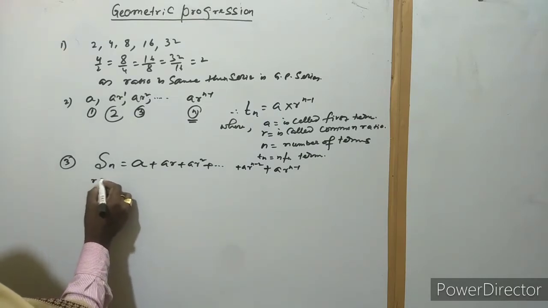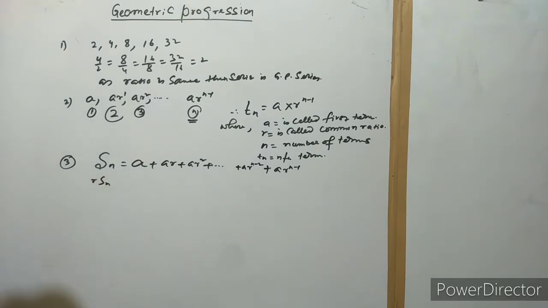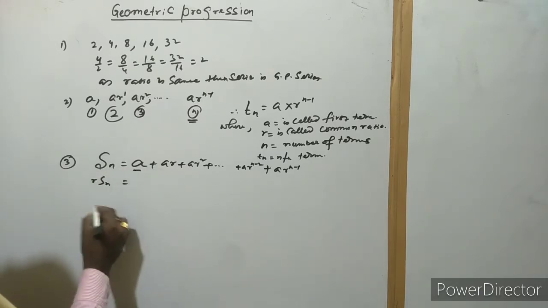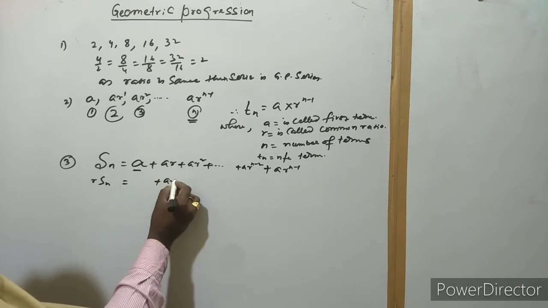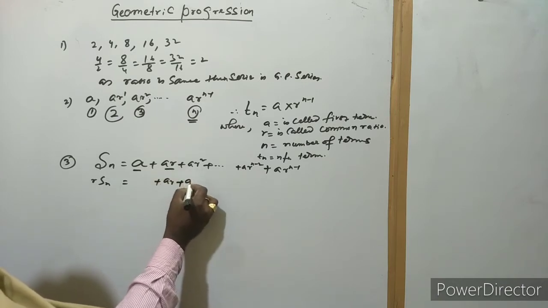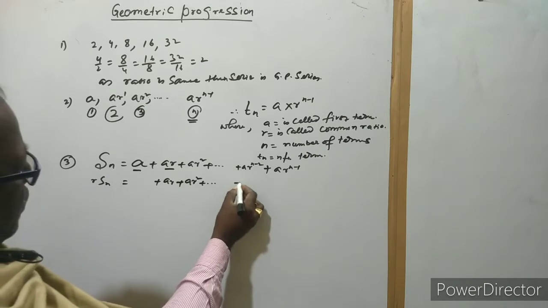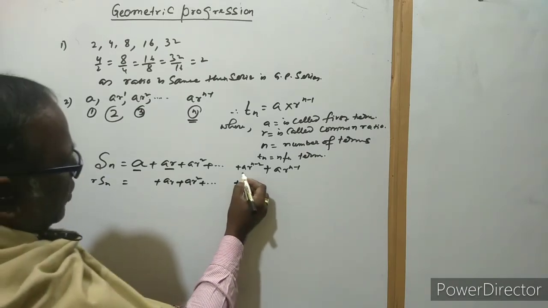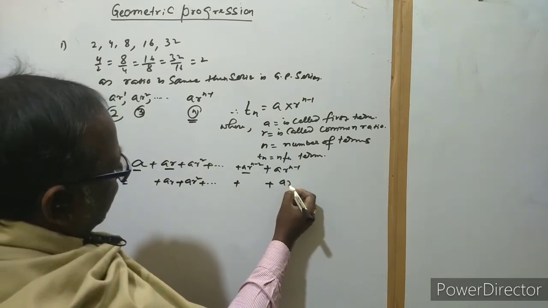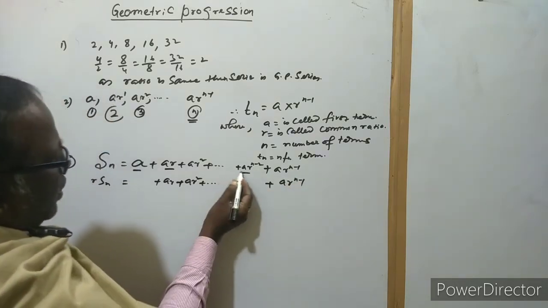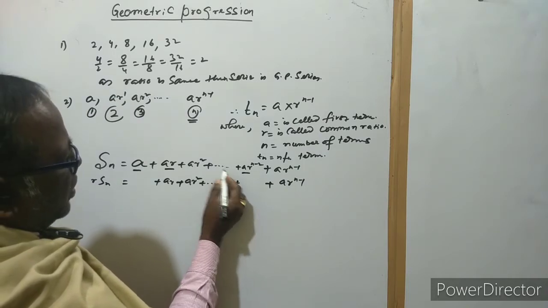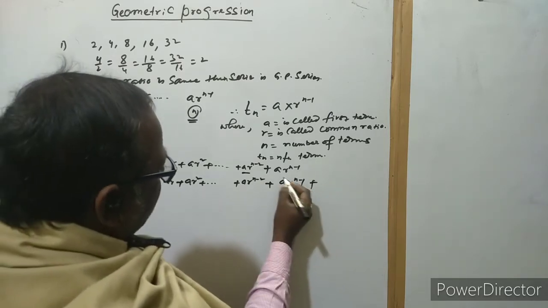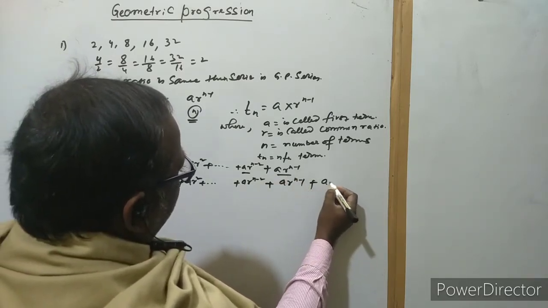So if we multiply this series Sn by r, then we get ar, then ar square. The terms are shifted to the next position. So multiplying by r, we get a into r to the power n minus 1, and the previous term a into r to the power n minus 3 becomes a into r to the power n minus 2. After that, multiplying by r, the last term becomes a into r to the power n.